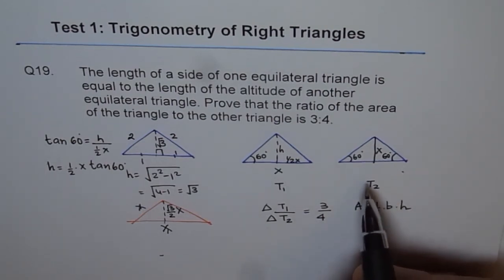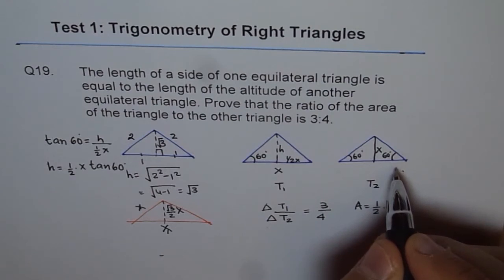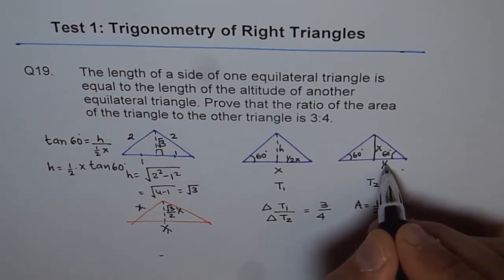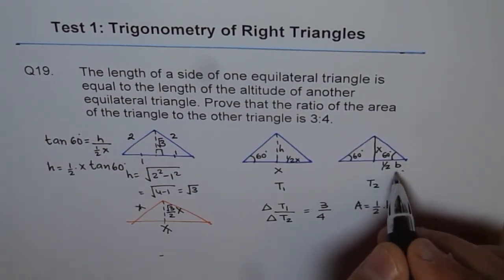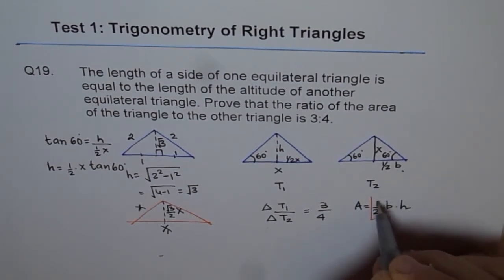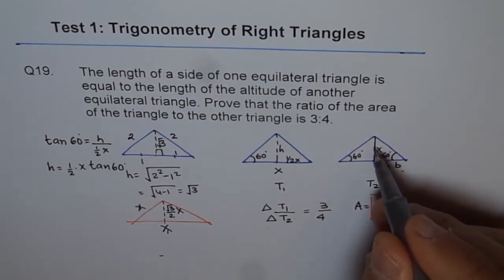In case of the second triangle, we know the height and we don't know what the base is. So we can find what half the base is. Let's say this is half of the base. Do you see that? We can calculate half of the base using tan 60.